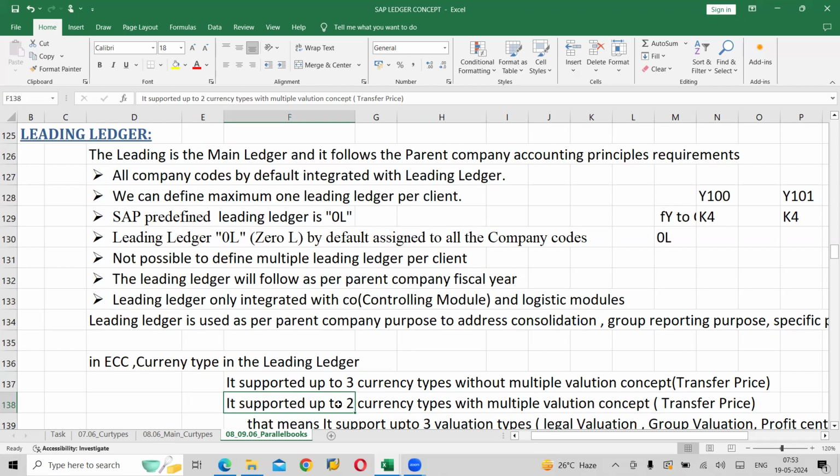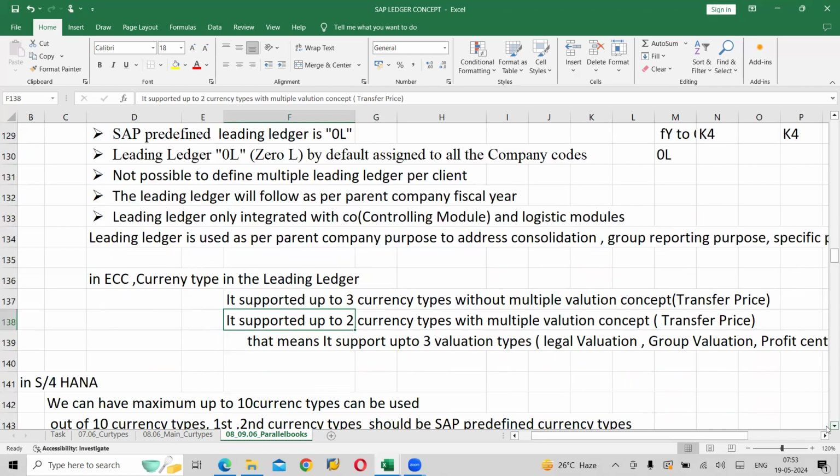Is this clear? Yes, sir. Any other questions? In ECC, it will support up to 3 currency types if we are not using the multiple valuation concept.